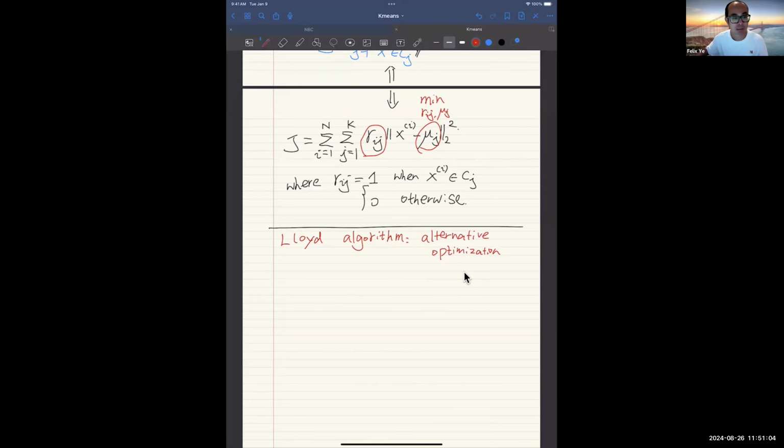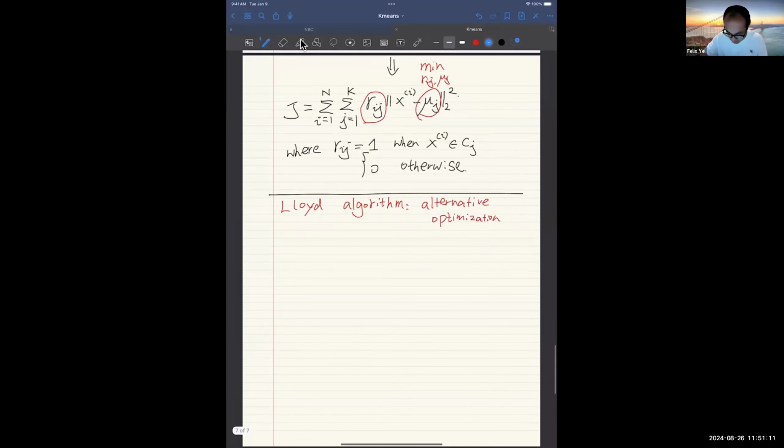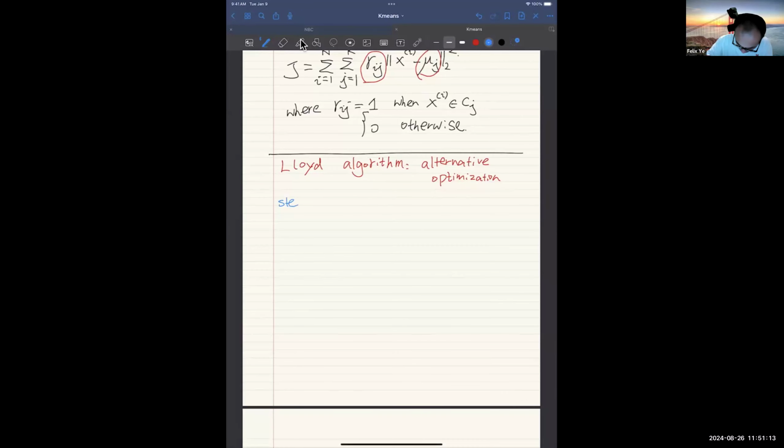Okay, so let's state the algorithm. Step 0 is that we need to initialize the mu_j. This part is quite crucial, because if you don't initialize well, it might get stuck at some end result that you are not satisfied with.